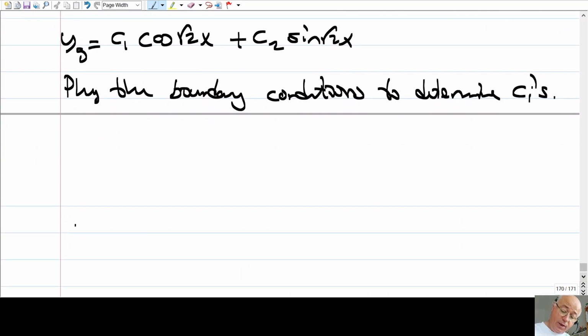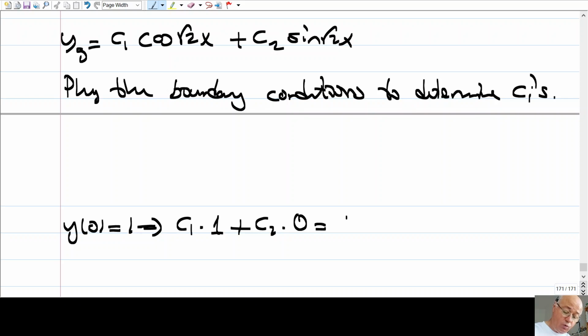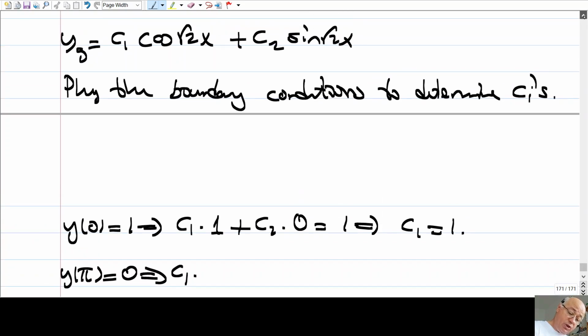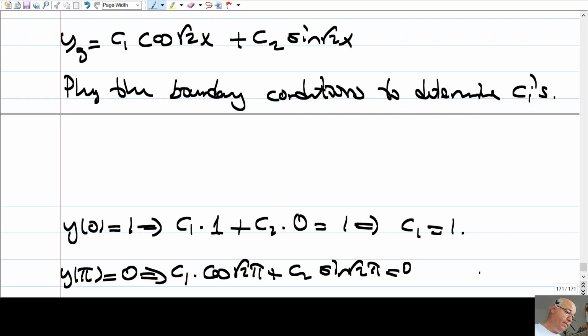Okay, let's do that. So y(0) equals 1. When you plug in 0, you get C1 times 1 plus C2 times 0 equals 1. From this, we see that C1 is equal to 1. And the other condition, y(pi) is equal to 0. When I plug this in, I get C1 cosine root 2 pi plus C2 sine root 2 pi equals 0.